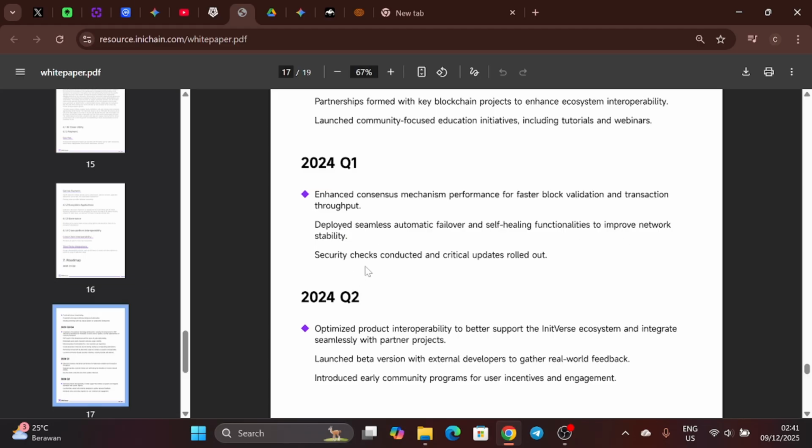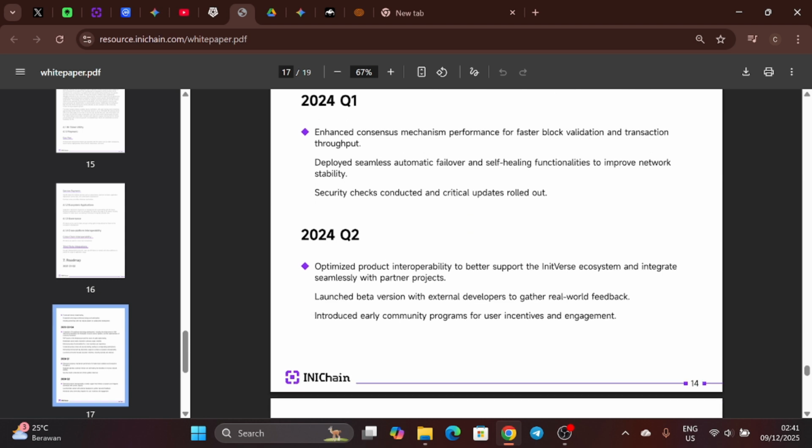Security checks conducted and critical updates rolled out. Optimize product interoperability to better support the InitVerse ecosystem, integrated seamlessly with partner projects. Launch a beta version with external developers and gather real-world feedback. Introduce an early community program for user incentive and engagement.